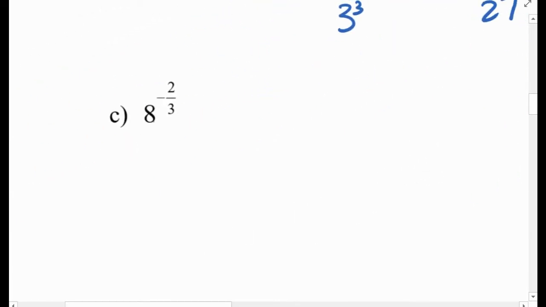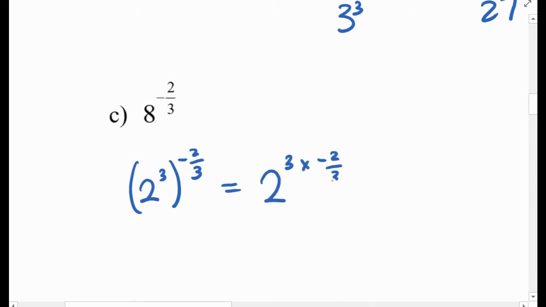Again, so a to the power of negative 2 over 3, negative exponent. But before we flip the base, we're going to look at 8. 8 is same as 2 cubed, negative 2 over 3. Then 2 cubed times negative 2 over 3.